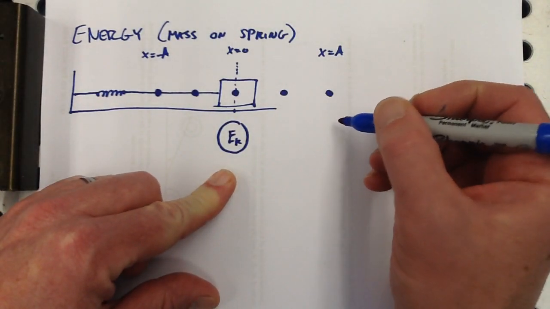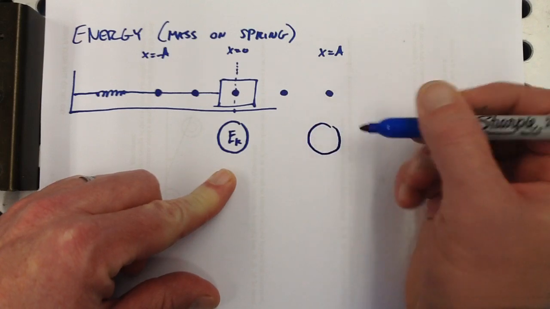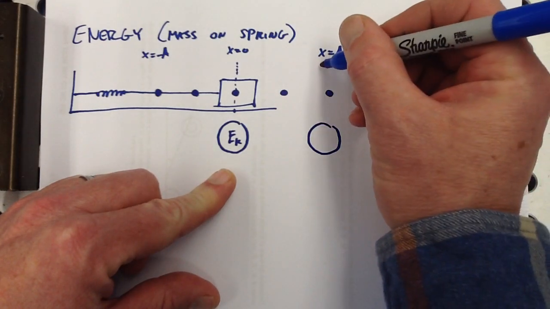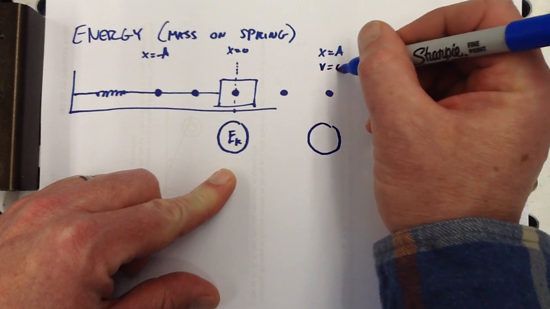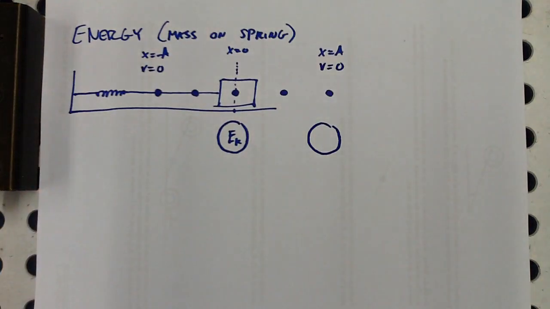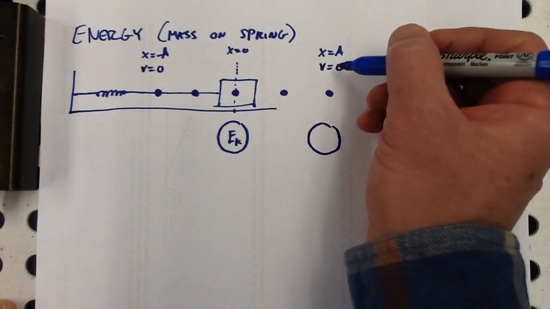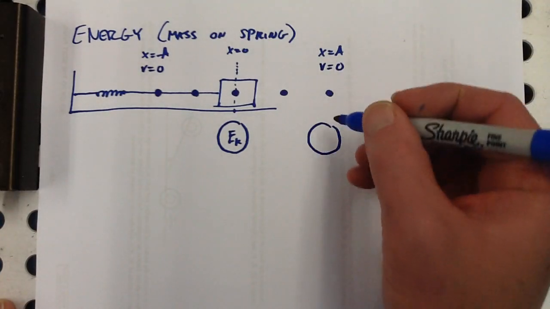Now here, at its maximum position, this is a turnaround point. So at that spot, and also at this spot where it's turning around, those are places where the velocity is 0. So here, there's no kinetic energy because it's turning around. The velocity is just very temporarily 0 there.